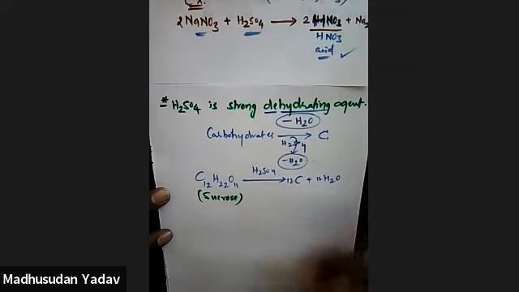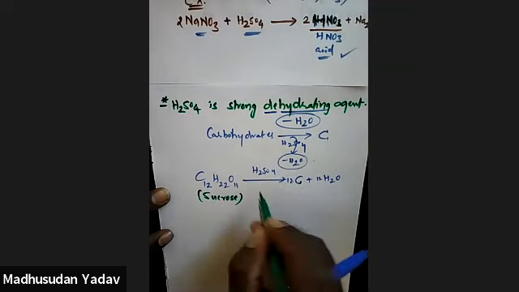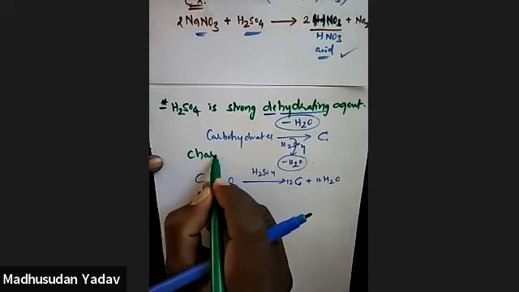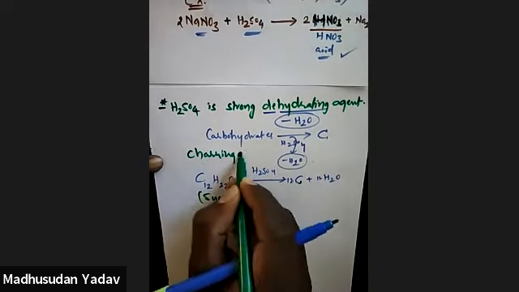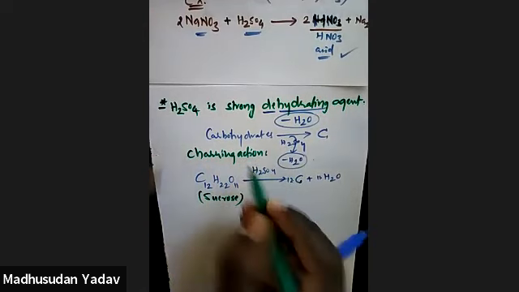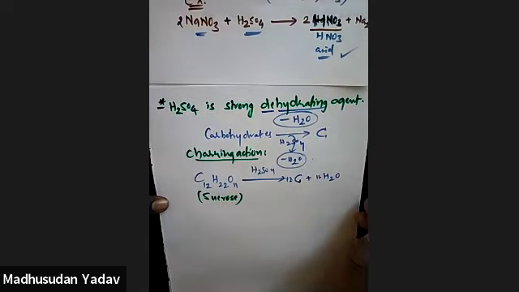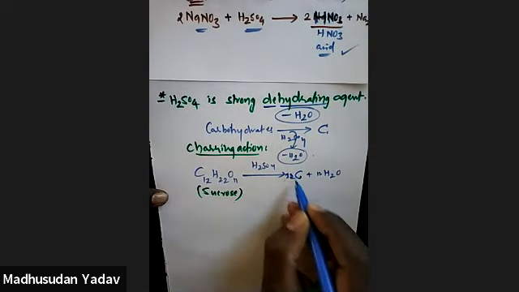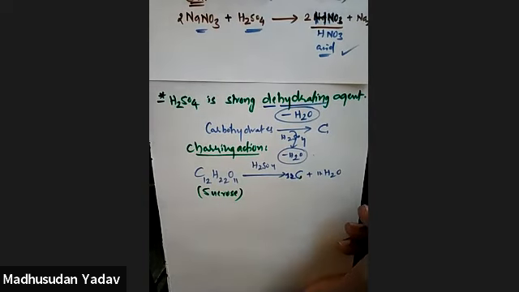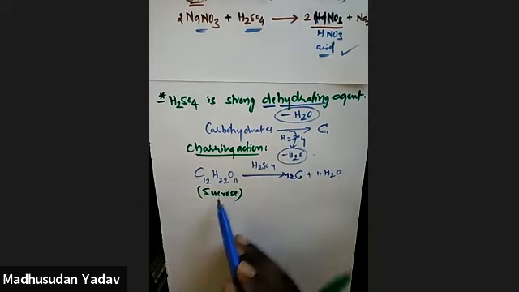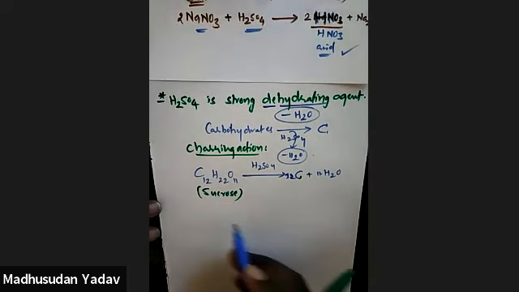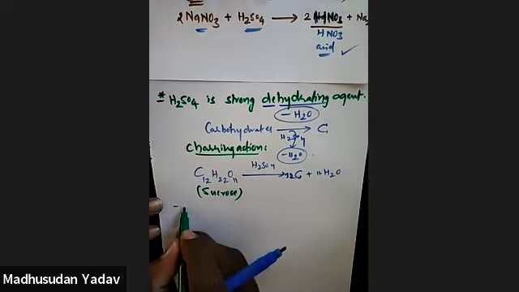This is called charring action. You will get only ashes of carbon. So that is called charring action of sulfuric acid on carbohydrates.